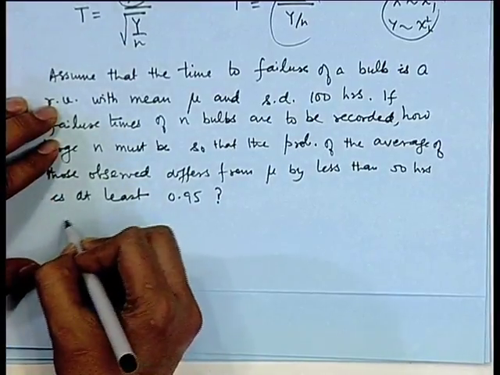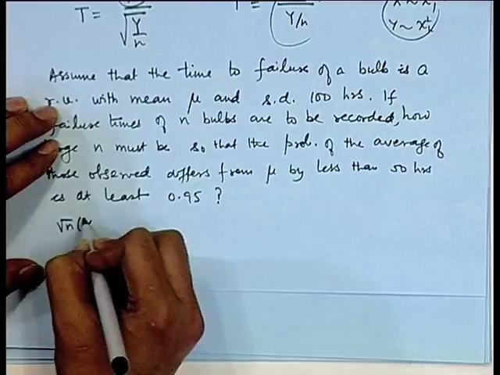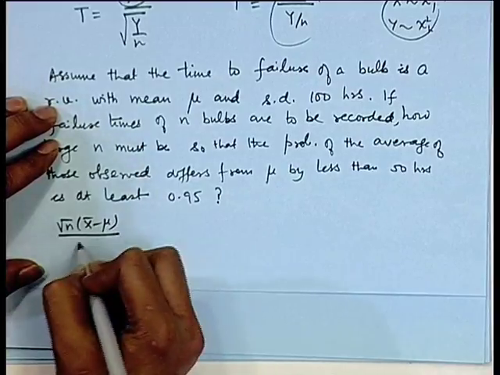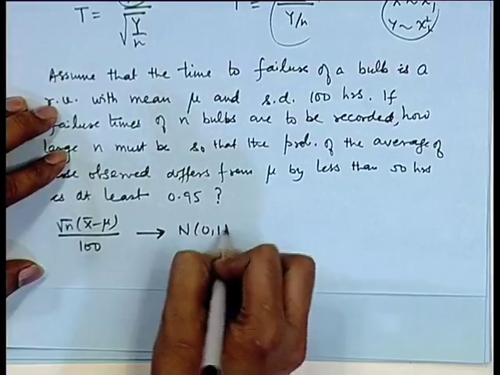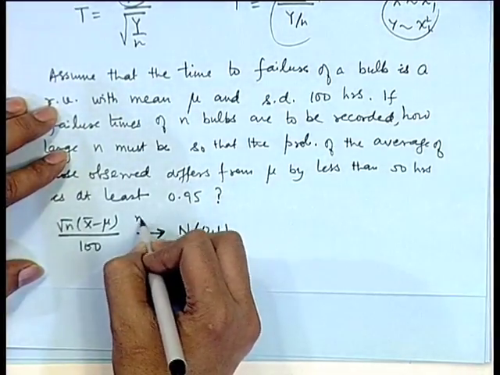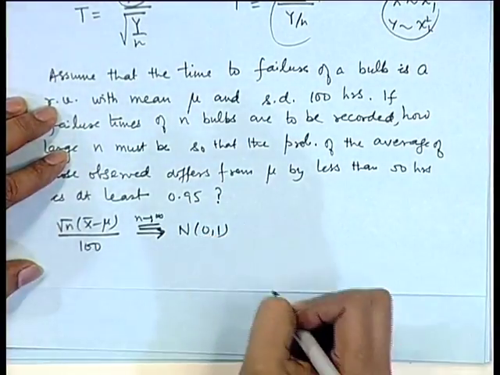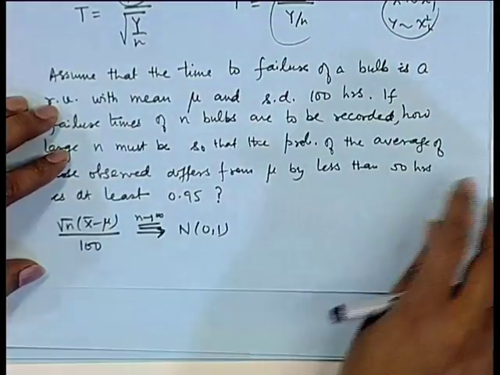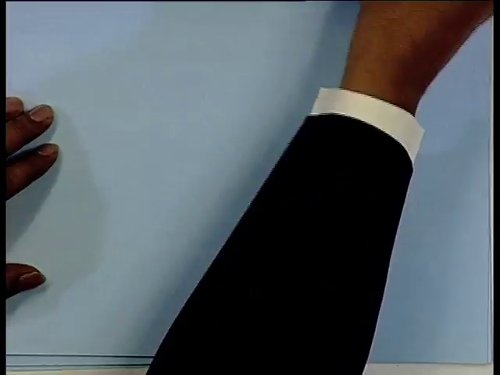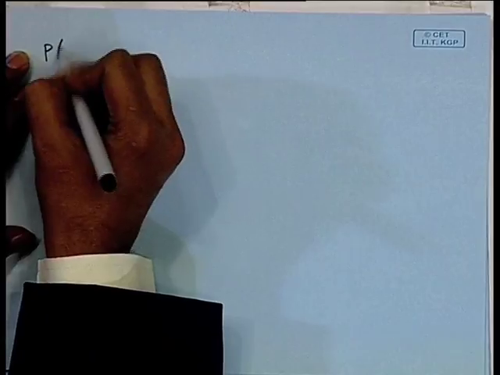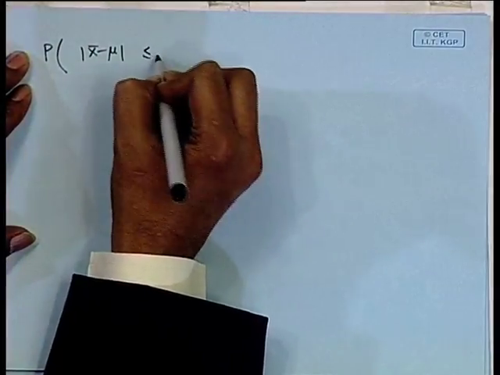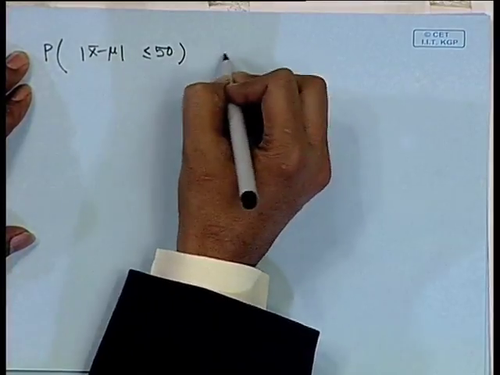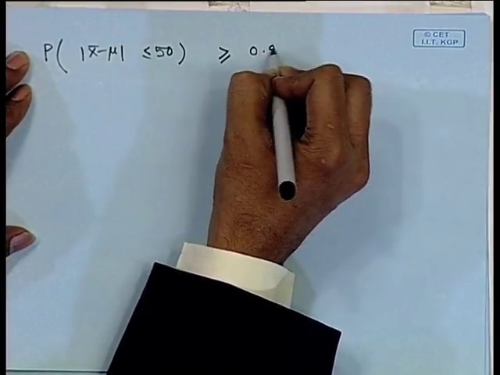So, we will have root n times (x bar minus mu) by sigma, that is 100, which will be approximately normal 0, 1 as n becomes large. So, by this statement we have the condition that the probability of modulus x bar minus mu less than or equal to 50 should be greater than or equal to 0.95.